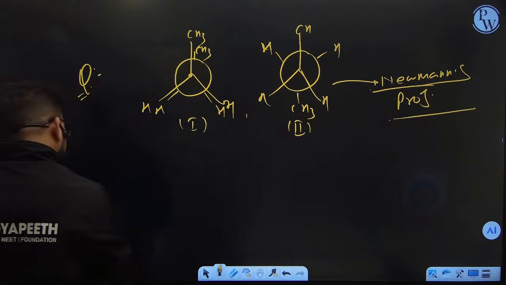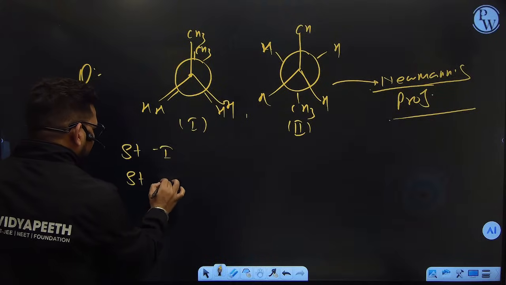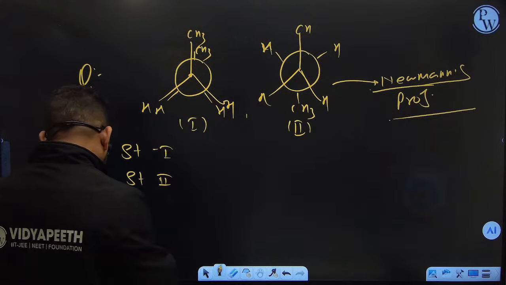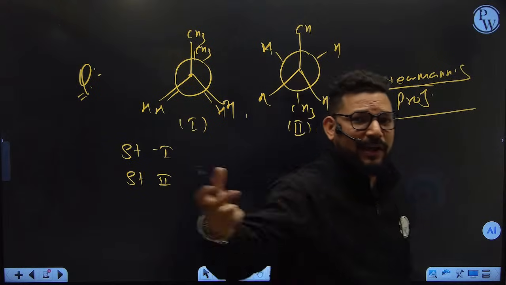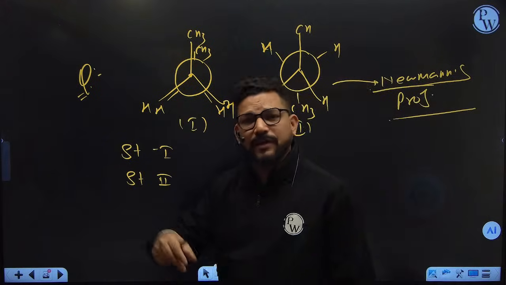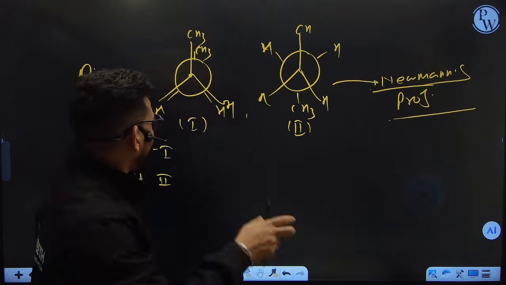Now the question looks like this: statement 1 and statement 2. Again, the 4 options are there. Statement 1 is correct, second is incorrect; statement first is incorrect, second is correct; both statements are correct; and both statements are incorrect. So we have to choose one.